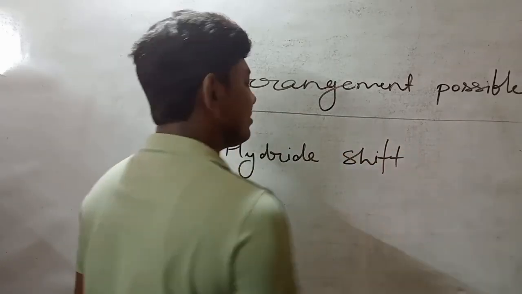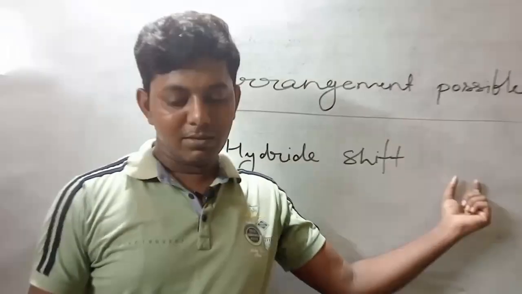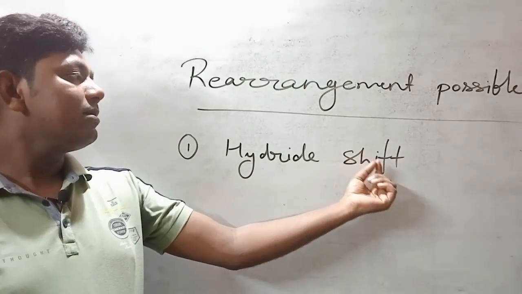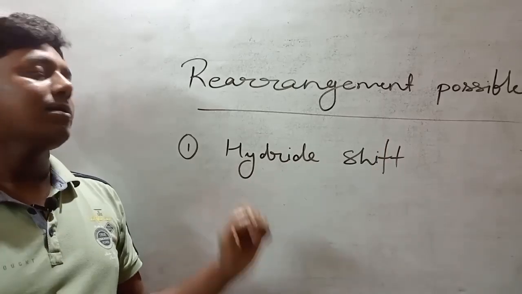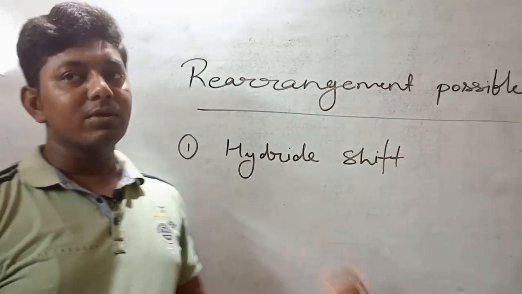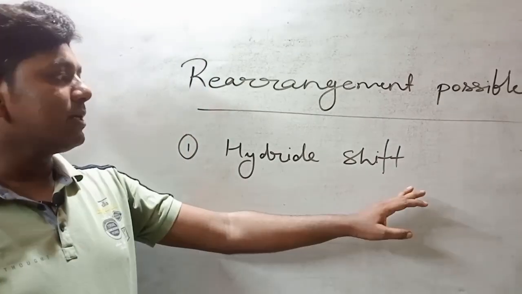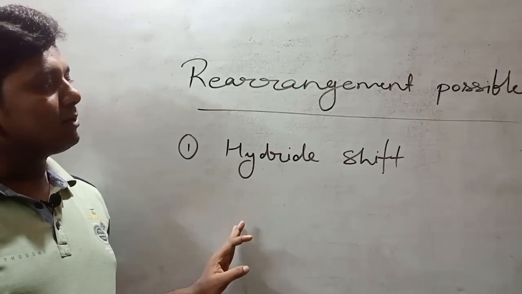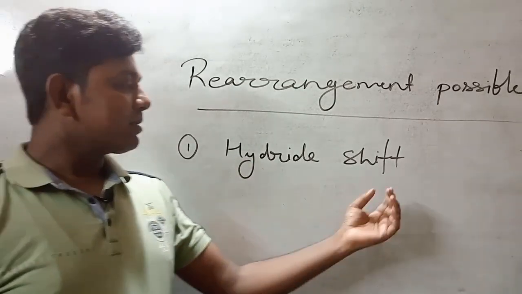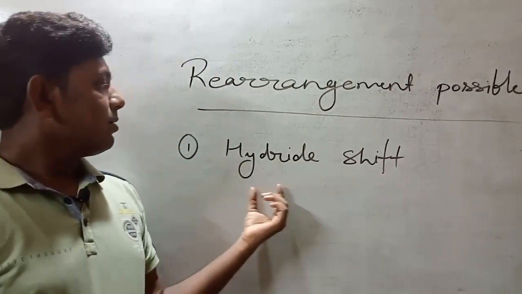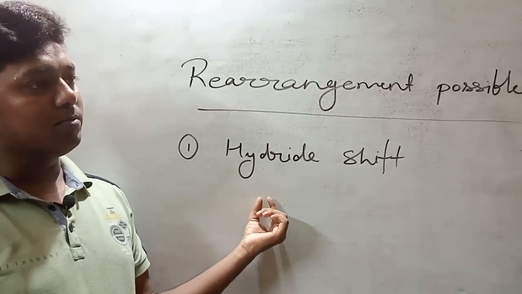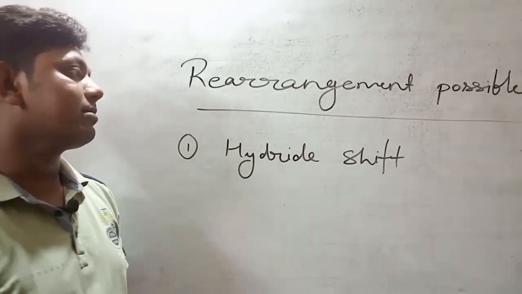One important thing during the formation of alkyl halides is hydride shift. The less stable carbocation moves towards more stable carbocations, like 1 degree shifting to 2 degree, 2 degree shifting to 3 degree, or 1 degree directly shifting to 3 degree, meaning hydrogen atoms move faster onto more stable carbocations.